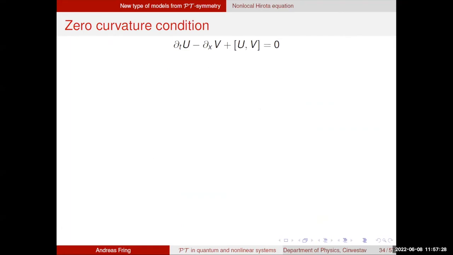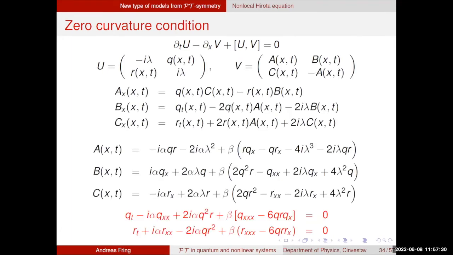And here's the formulation of this system in terms of the zero curvature condition, which guarantees you, similar to the Lax pair, the integrability. And what you end up with is these two sets of equations, where the r and the q are these off-diagonal entries.